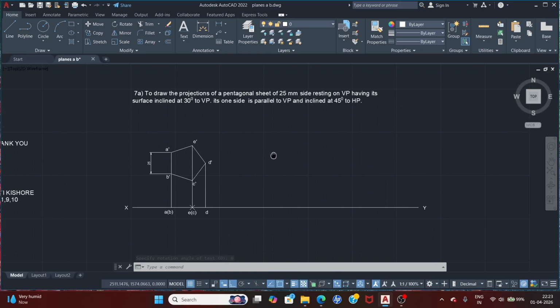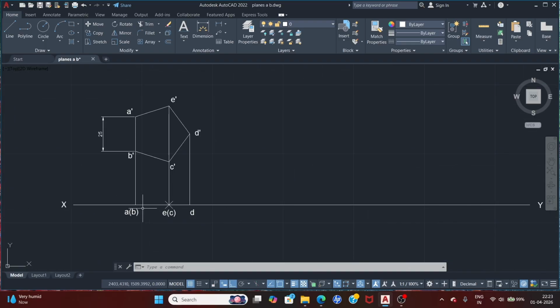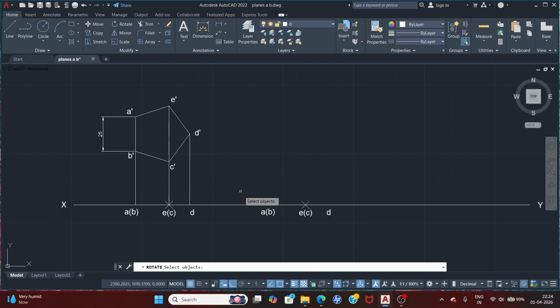Because here B, C, D are clearly visible, and A, E are at the back side. Here A, E, D are clearly visible.